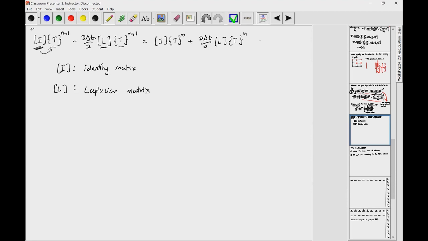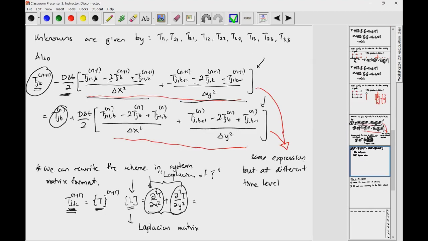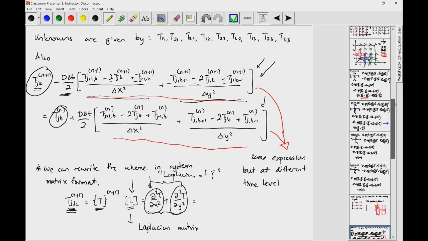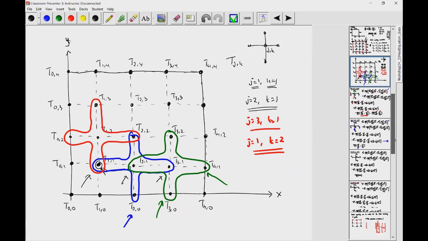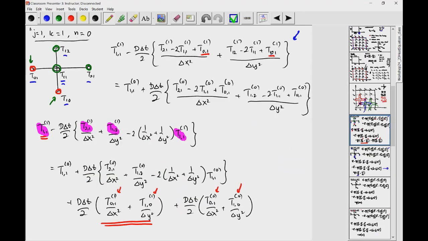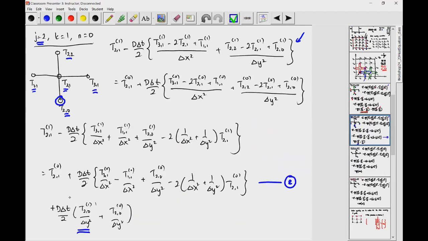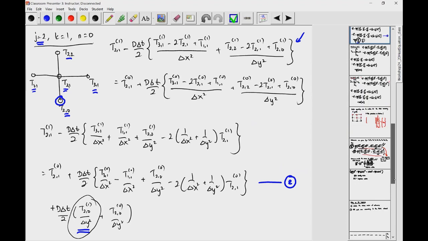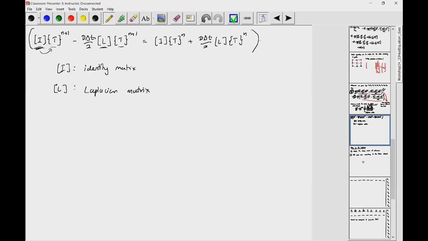Now this equation is written in a very general way. It is written based on this central Crank-Nicolson scheme. When you apply your equation to the grid points as what we have done over here, you guys know that every time you apply it, if there's a boundary condition, you move it to the right-hand side. So if you account for the step where you have moved all the boundary conditions to the right-hand side, you can then rewrite this as matrix I times T at n plus 1 minus d delta T over 2.